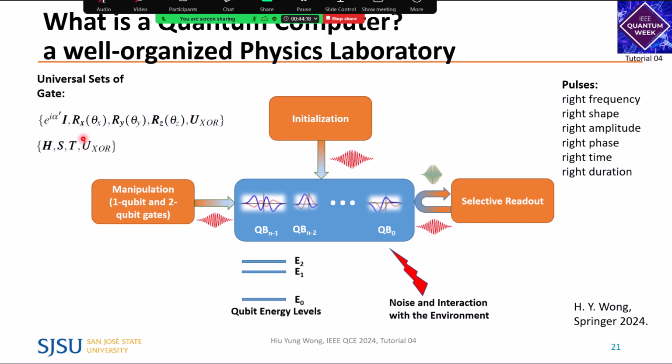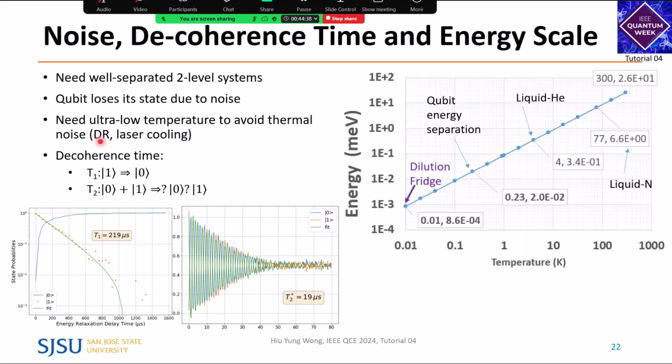So in this tutorial, our goal is to show that the 2 architectures can implement the arbitrary 1-qubit gate and also 1 entanglement gate.